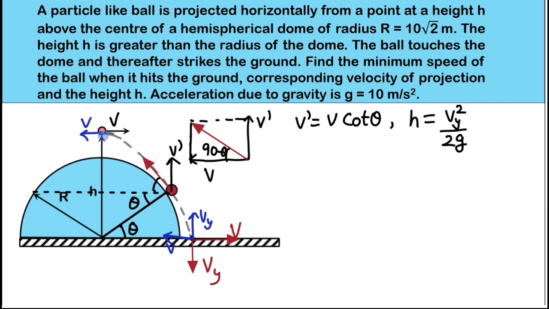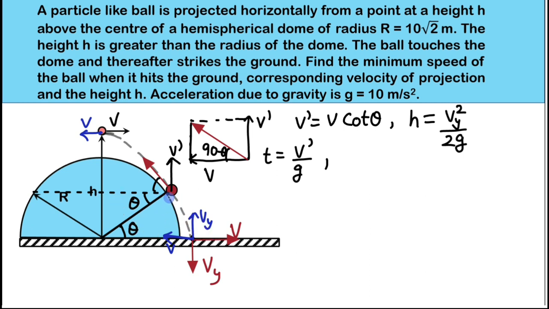So from here to here, if we want to determine the time taken, that will be equal to V dash by G, right? So from the first equation in the vertical direction, we can write T will be equal to V dash by G. Also, during that particular time, from motion of this ball from here to here, the horizontal displacement is this much, right?